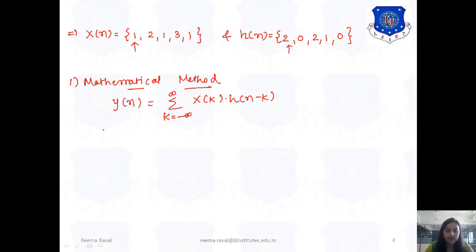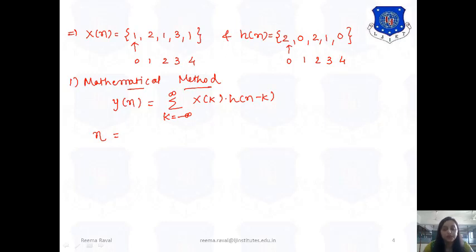From the given data, what will be the range of n? We are placing the range of n directly, because in previous sessions we have seen how to find the higher range and lower range of n. Here the instants are 0 1 2 3 and 4, and similarly for h of n it is 0 1 2 3 and 4.